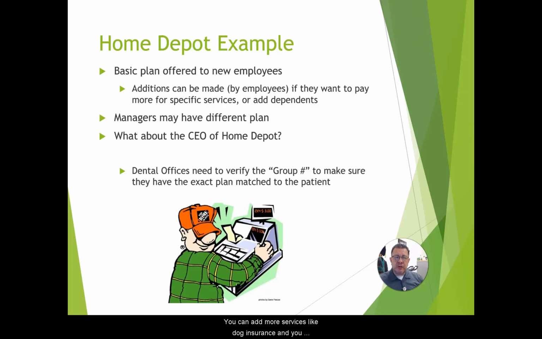You can add services like dog insurance, and you can add dependents. You can give your spouse and your kids dental and medical insurance, at a fee. Usually the basic plan you get as a new employee is just medical and dental for yourself, for the most part.